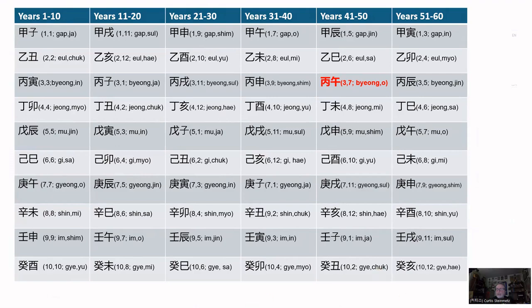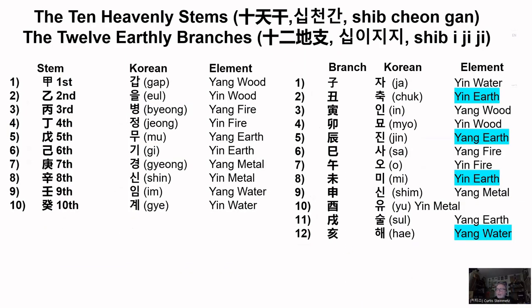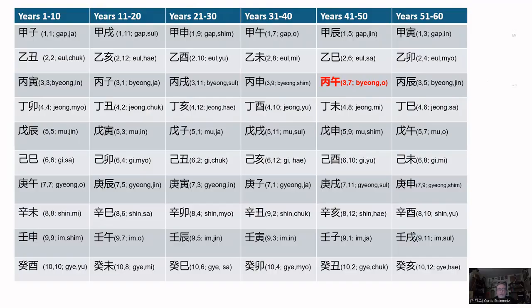And that means that after 6 of these cycles, 2 times 6 is 12, the branches and stems match up again. But you've only gone through 60 of the possible 120 combinations. It turns out there's kind of an easy way of understanding how that works. I'm almost done belaboring this.